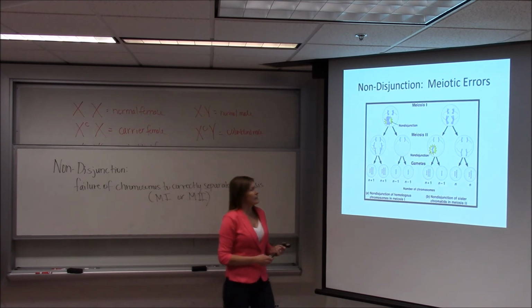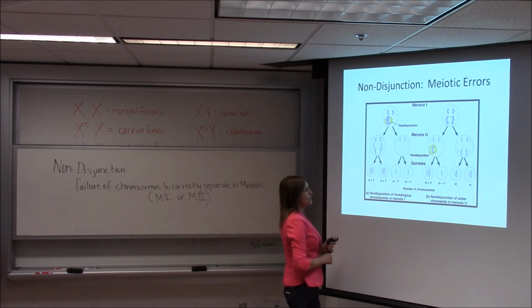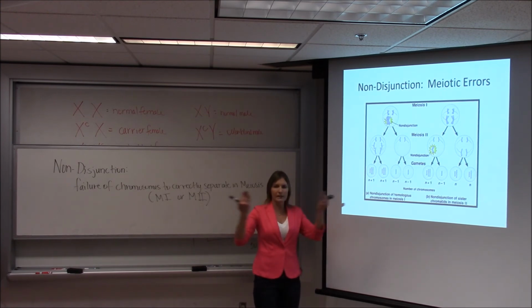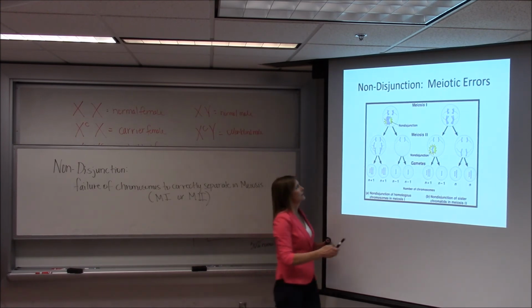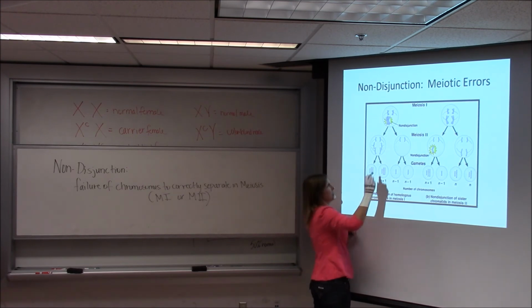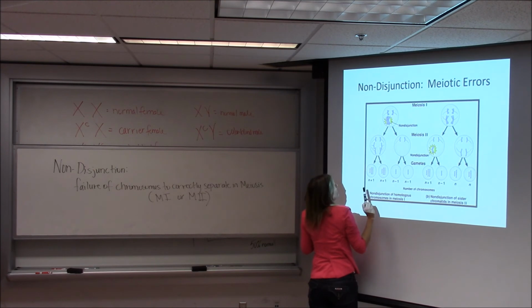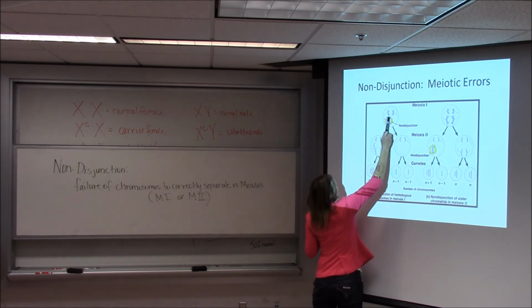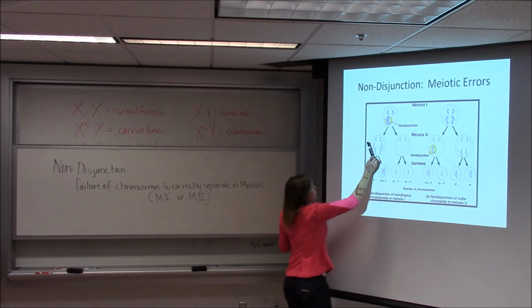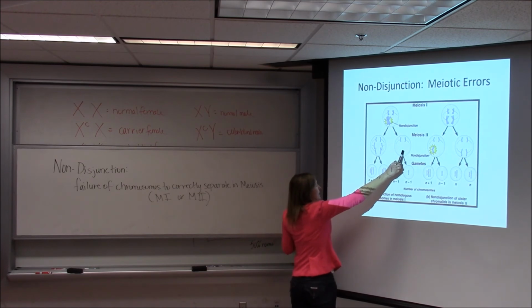So let's look at this example. Remember meiosis 1, homologous chromosomes separate, each still having 2 chromatids. So this is chromosome 1, chromosome 2. These don't pull into 2 separate cells, so this cell gets way too much DNA and this gets not enough.